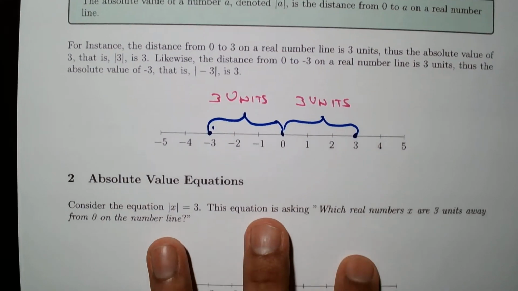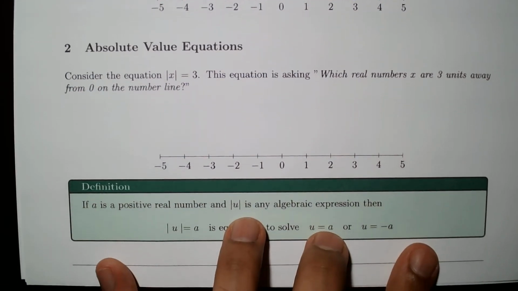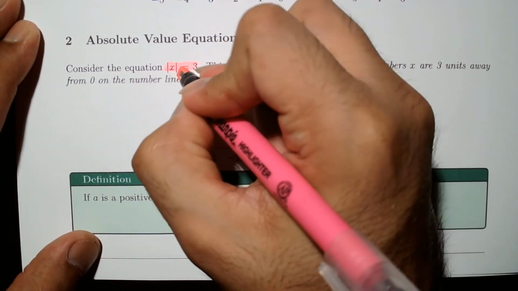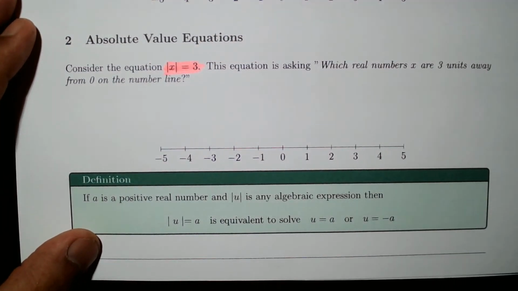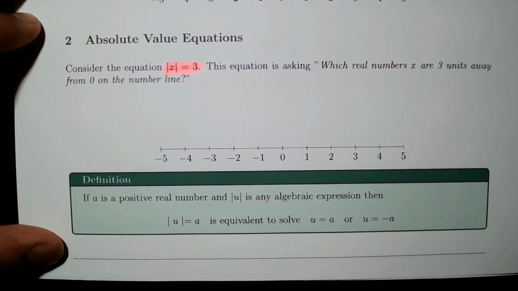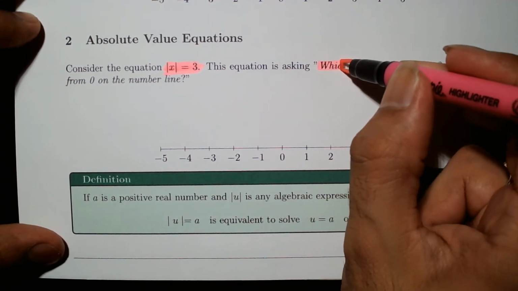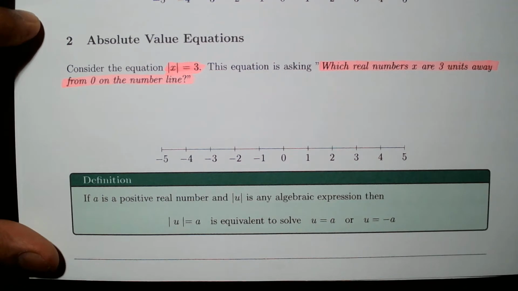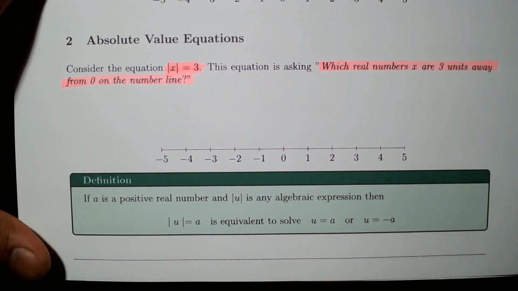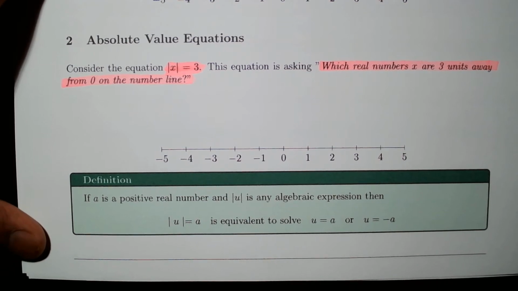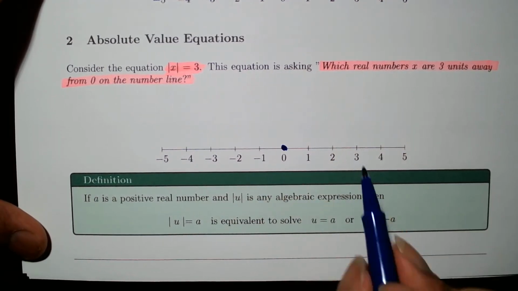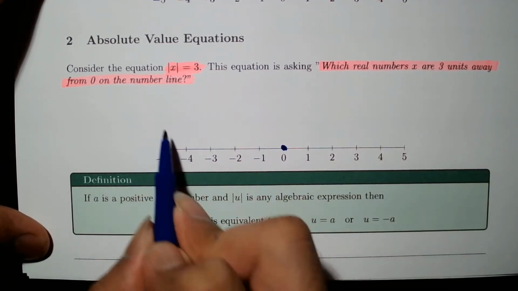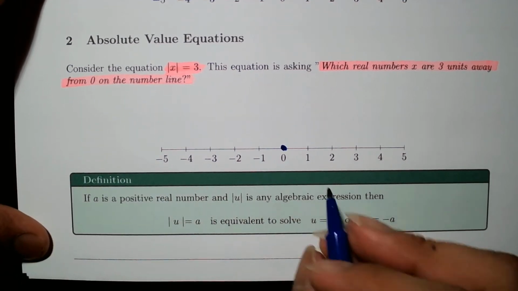Now, how do we interpret equations that deal with absolute value? Let's consider the equation absolute value of x equals 3. This equation in essence is asking what are the real numbers that are 3 units away from 0 on the number line. I'm going to start my center at the number 0. What are the numbers that are 3 units away from 0?